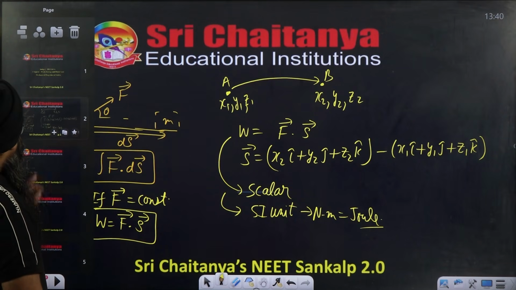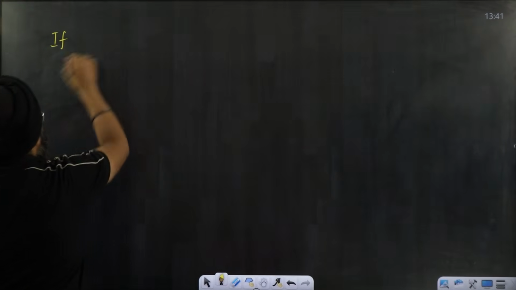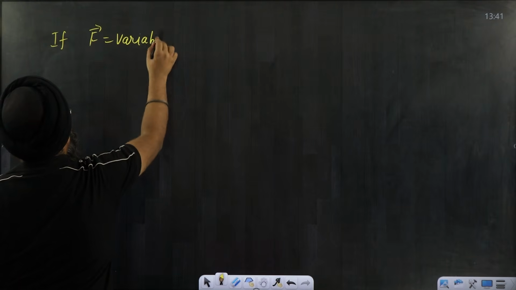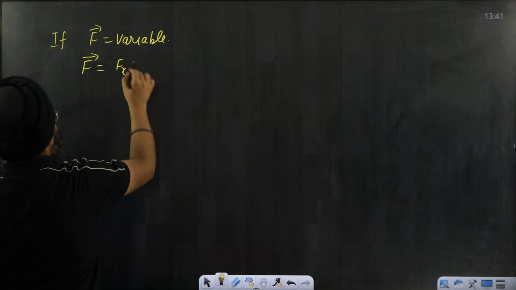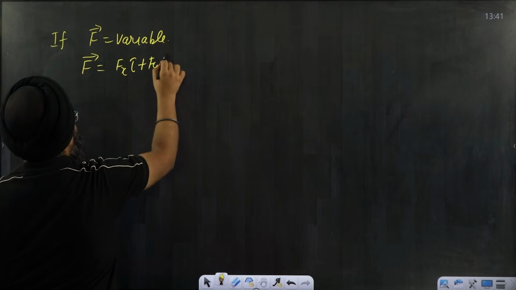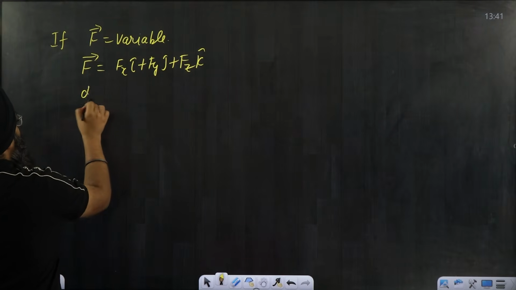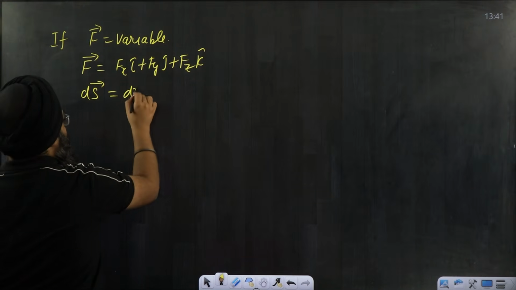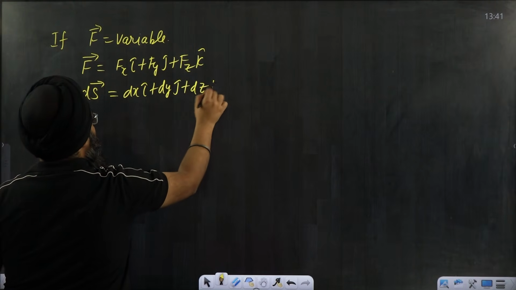Now let me come to the next case, where force is variable. Force can be written as Fx i cap plus Fy j cap plus Fz k cap, and small displacement ds vector can be written as dx i cap plus dy j cap plus dz k cap.